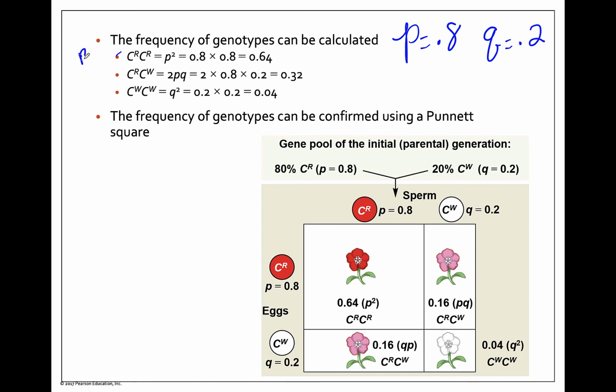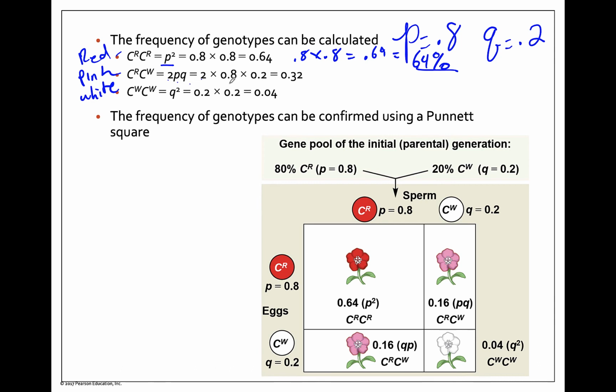So these are going to be red, these are going to be pink, and these are going to be white. So P squared, we've got 0.8 times 0.8, which is written out for you. I'm going to write it again. And so that is going to end up equaling 0.64, which is equal to 64% of the population should be red.